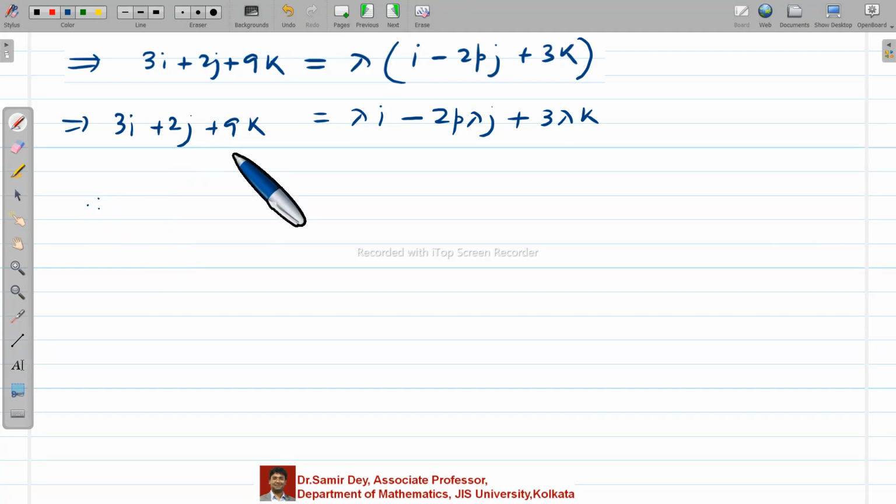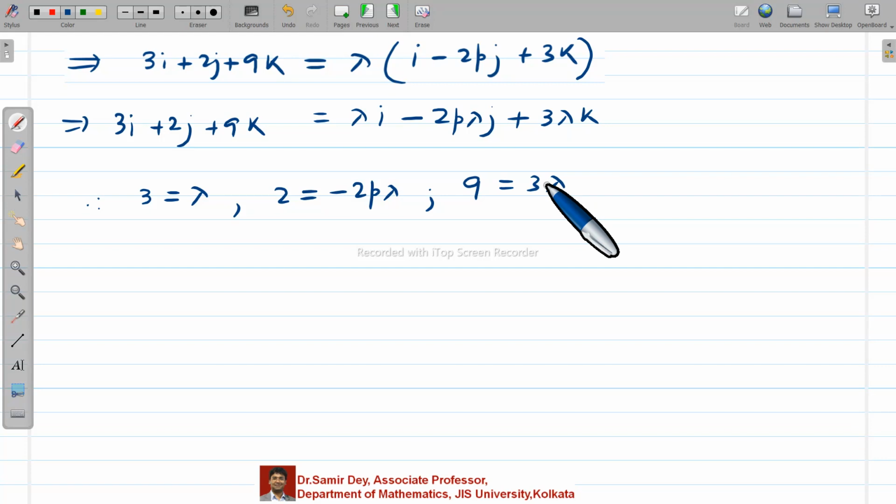So if I compare coefficient-wise, 3 is equal to lambda, 2 is equal to minus 2p lambda, and 9 is equal to 3 lambda. Clear? Basically we are comparing coefficients, because if these two vectors are the same, the i coefficients should be equal. So from here lambda is equal to 3, coming from both. Clear?